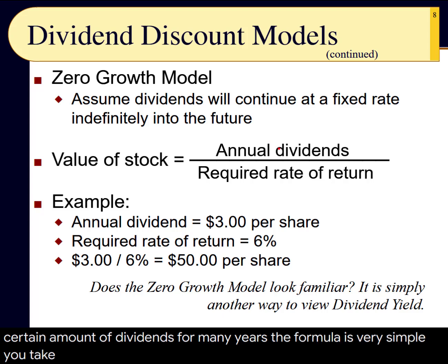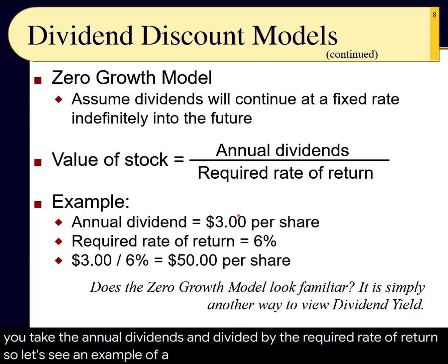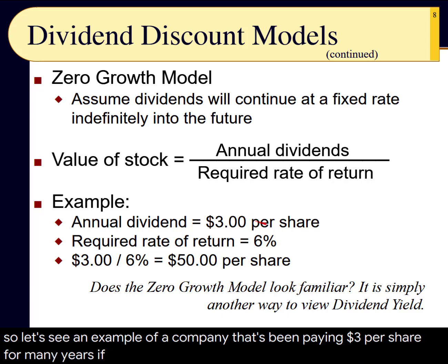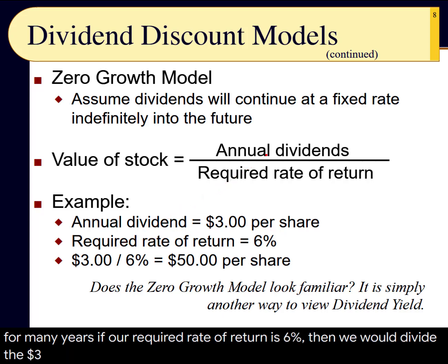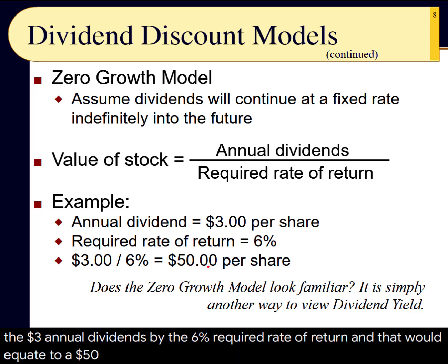You take the annual dividends and divide it by the required rate of return. So let's see an example of a company that's been paying $3 per share for many years. If our required rate of return is 6%, then we would divide the $3 annual dividends by the 6% required rate of return, and that would equate to a $50 per share stock.